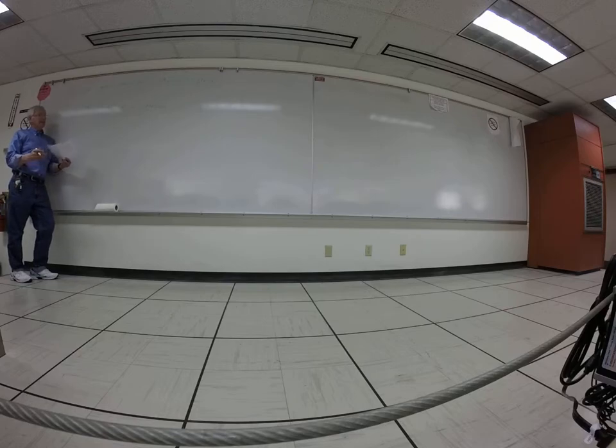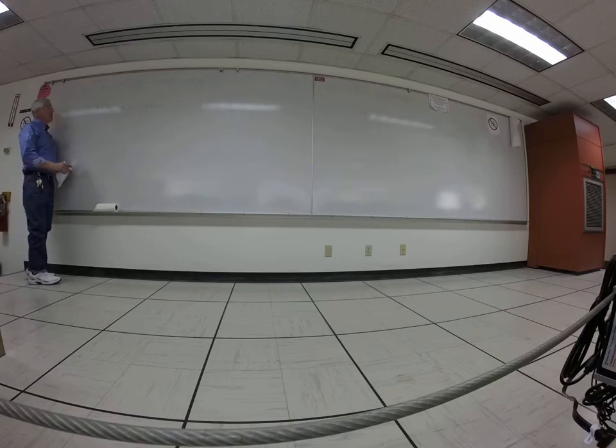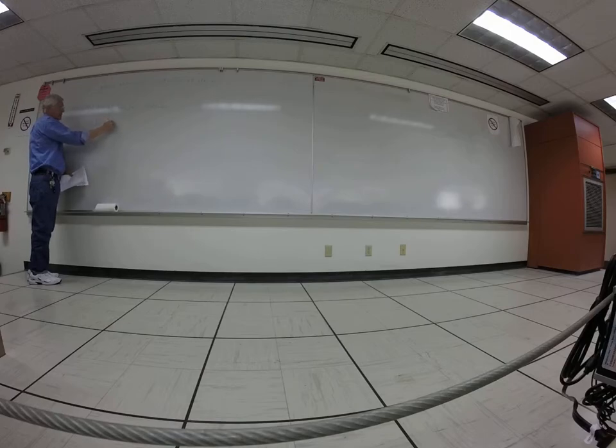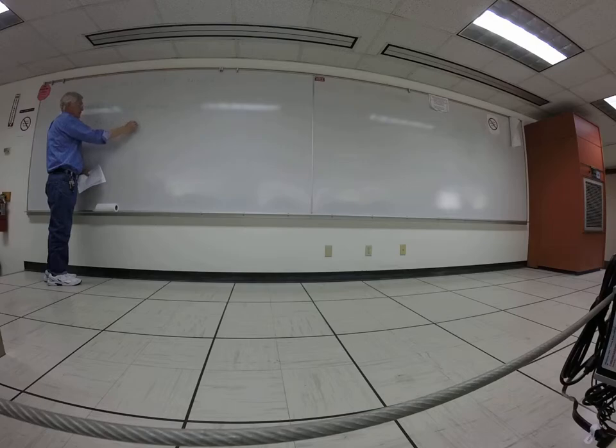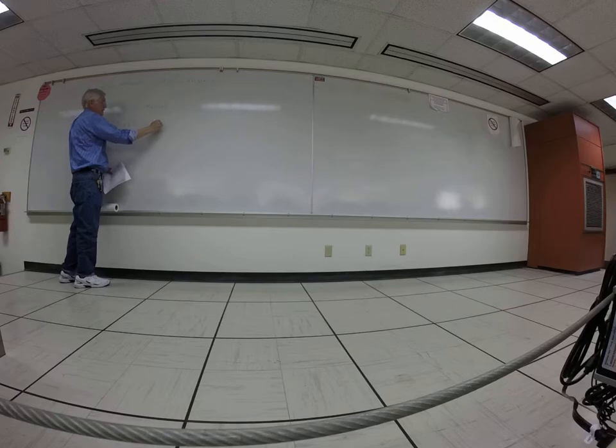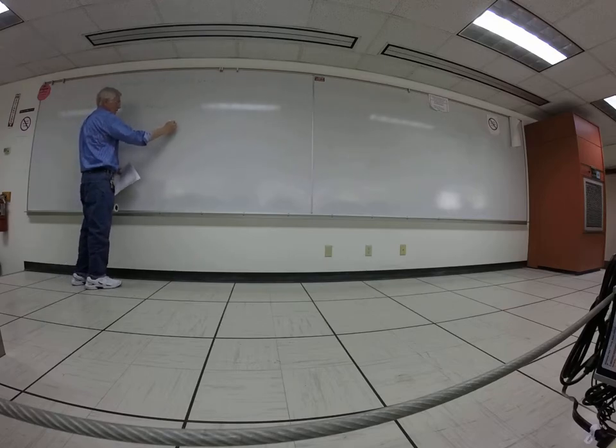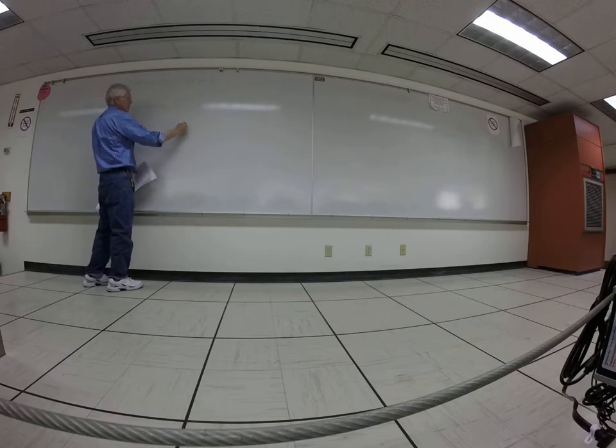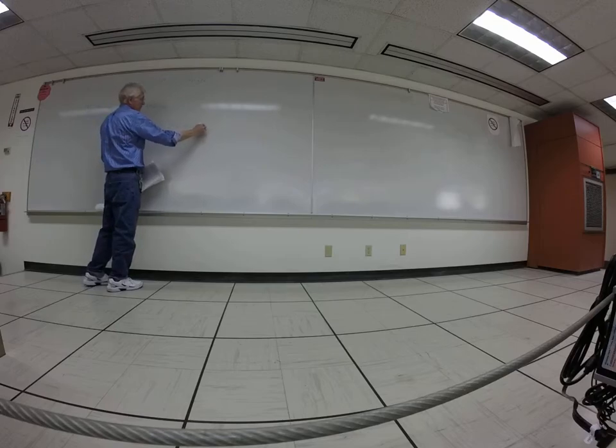Well, first off, you've got to figure out what H of z is, right? So you take the transforms and you get Y of z is equal to X of z plus z to the minus 1 X of z minus 0.9 z to the minus 1 Y of z plus 0.81 z to the minus 2 Y of z.